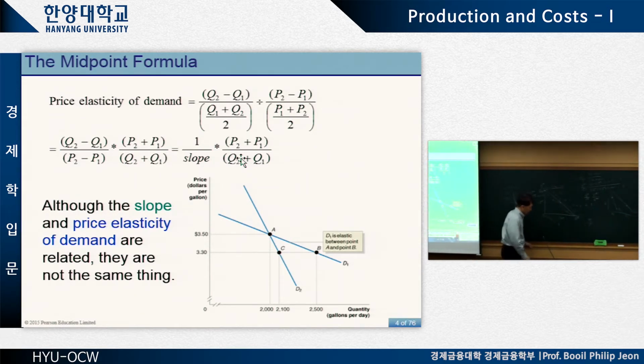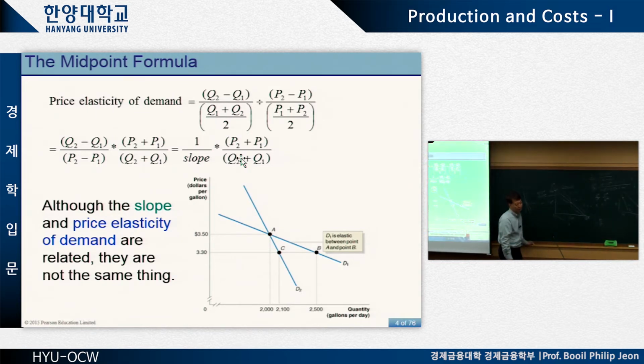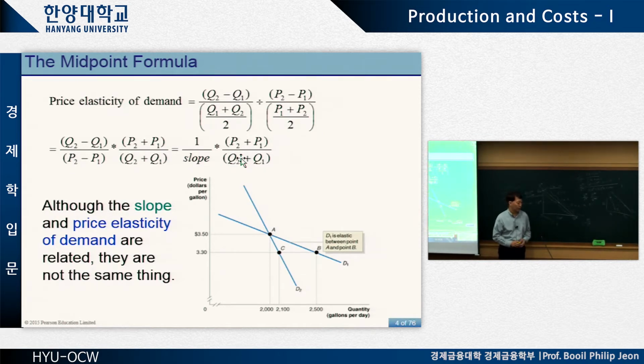So if you calculate the elasticity here or here, you're going to get two different numbers, right? On a straight line demand curve, elasticity is different everywhere. There are no 2 points that will have the same elasticity.